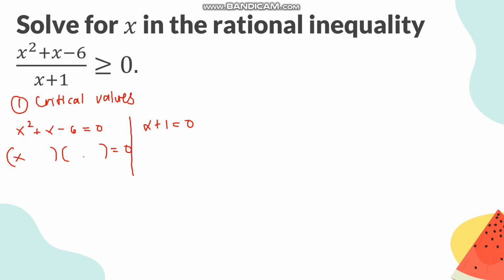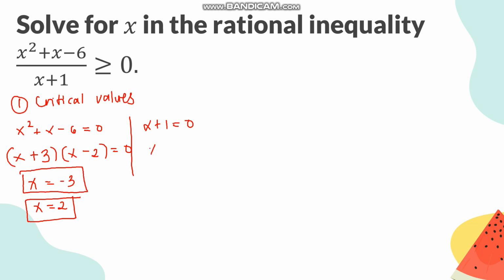So this is x, negative 6, that will give us positive 1. So we have positive 3 and negative 2. So the values of x are negative 3 and positive 2. You just have to equate to 0 each factor. And then for this one, x equals negative 1. So these are our critical values.